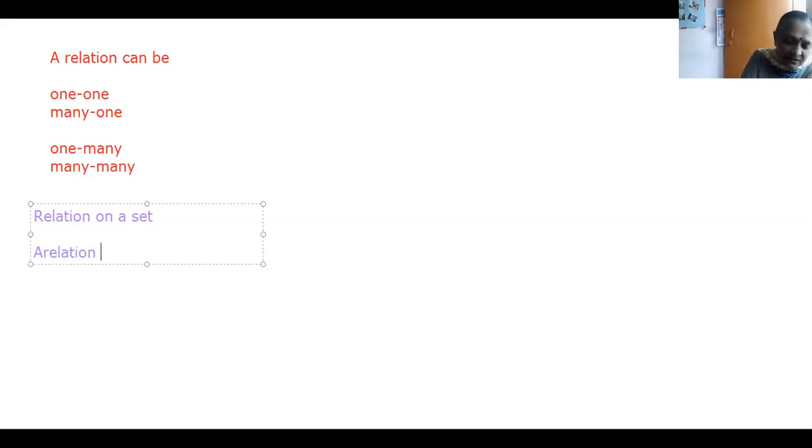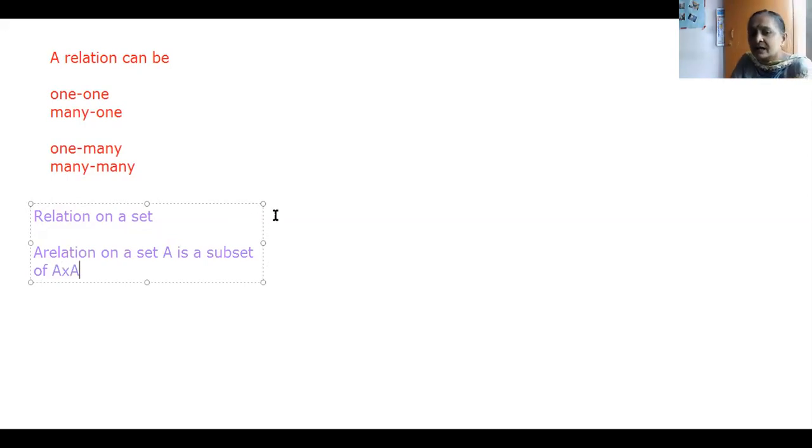A relation on a set capital A is a subset of A cross A. A relation on set A is a subset of A cross A. I feel you are getting me.